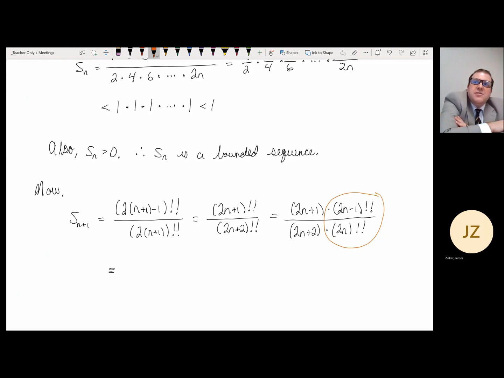Isn't that S sub n? So we get (2n plus 1) over (2n plus 2) times S sub n. So that is S sub n plus 1. That term's less than 1, isn't it?